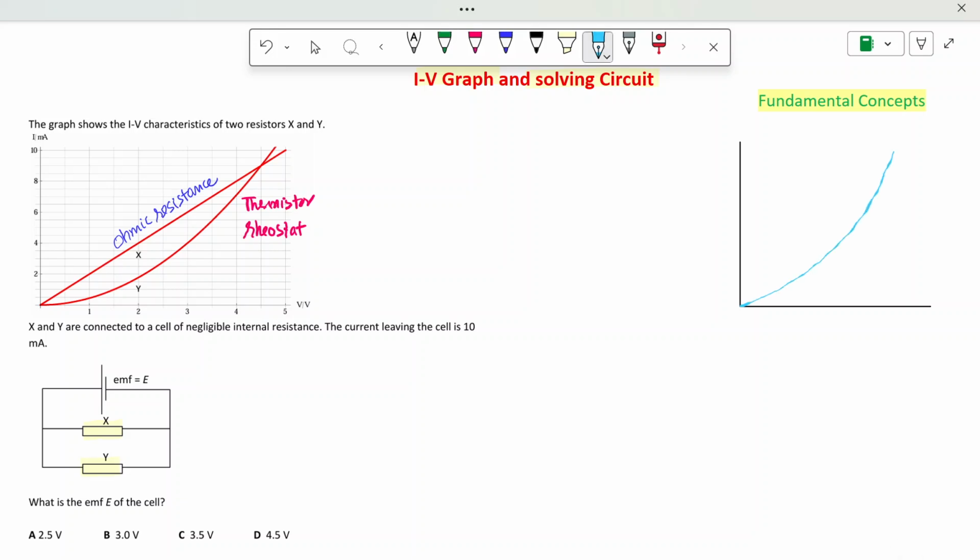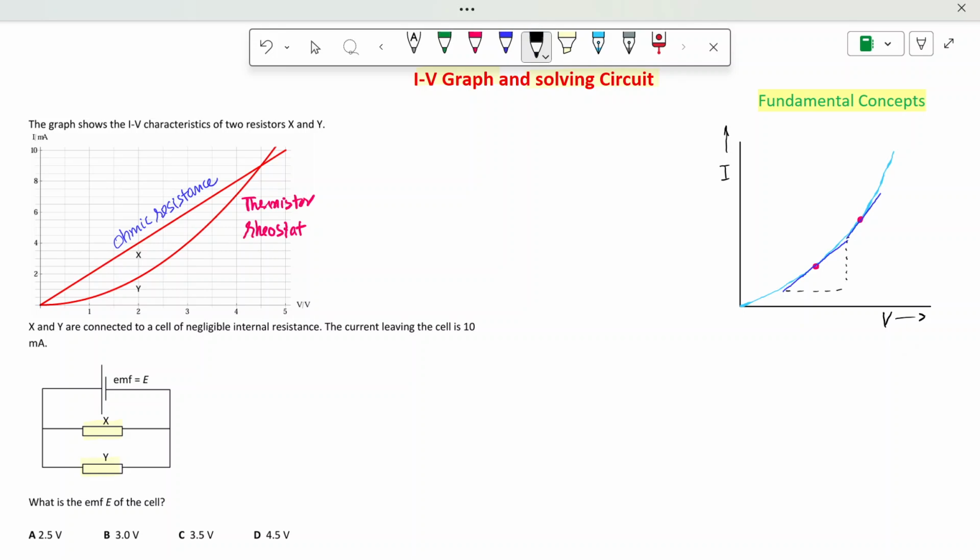Before we solve this question, although it's very easy, I just want to show you a fundamental concept: how the resistance of the circuit is changing. Dear students, if we draw the tangent line at this point and then at this point, we see that the tangent line is becoming more steep.